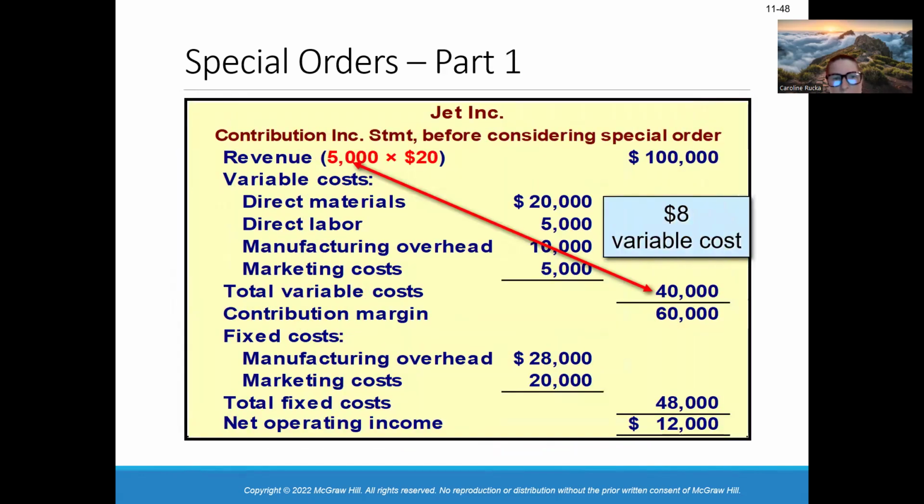Here are our costs in our contribution income statement, without the special order. We have net operating income at the end of $12,000.